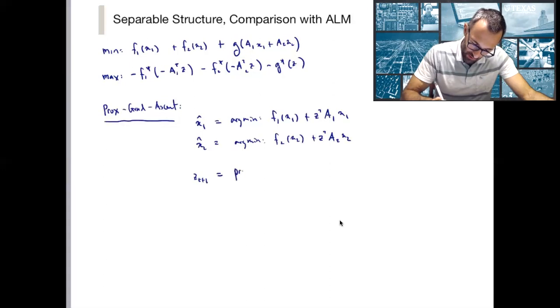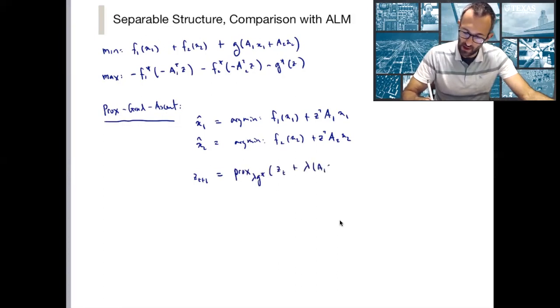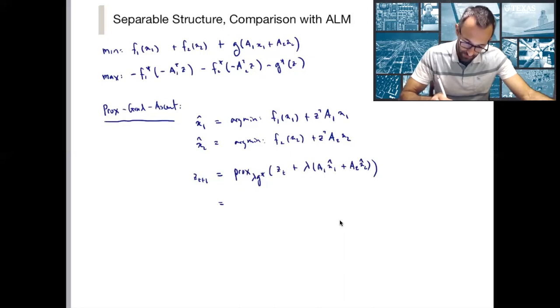So in both of these forms, it's either going to be prox of lambda g star of zt plus lambda of a1 x1 hat plus a2 x2 hat, or using the Moreau decomposition, this becomes what we just derived.